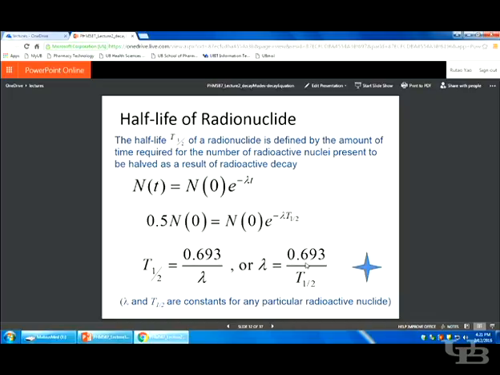If you put that condition in this equation, n0, the starting number of atoms, cancels, and you have only this t half unknown. It can be derived, and with this you can also express that the decay constant is equal to 0.693 divided by t half.